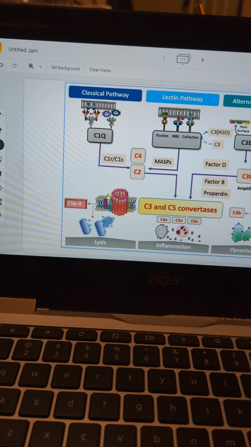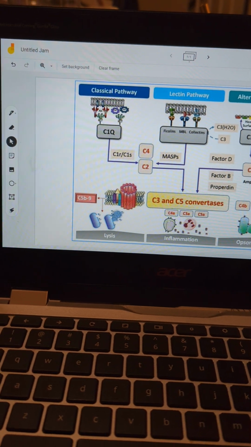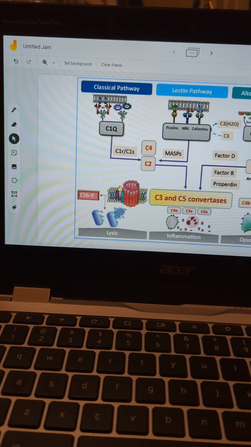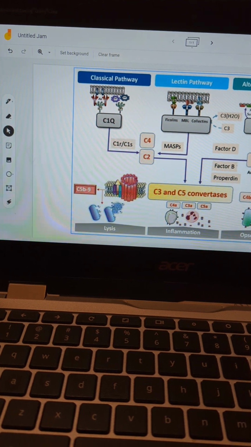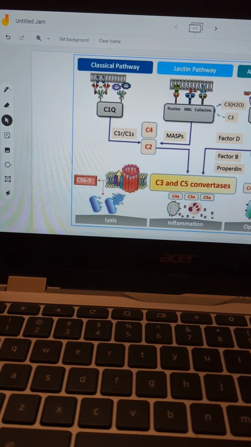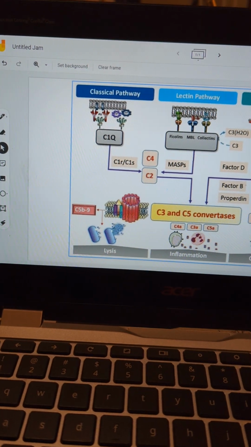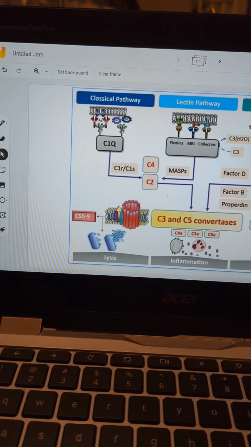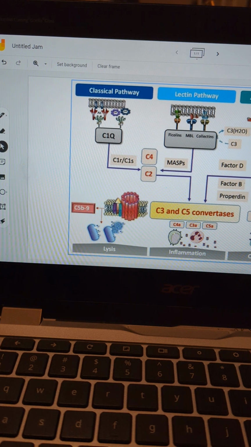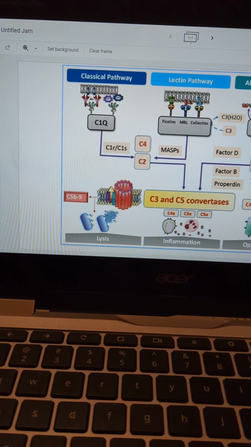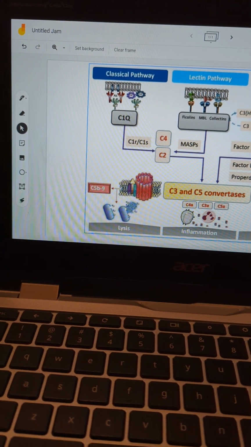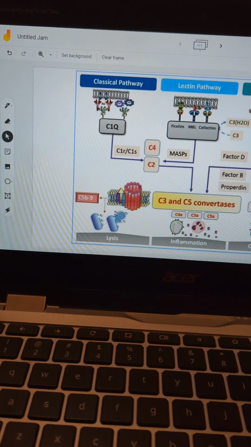C4b and 2a then form a complex on the pathogen surface. And this complex is what we call C3 convertase. C3 convertase converts C3 into C3a, C3b.